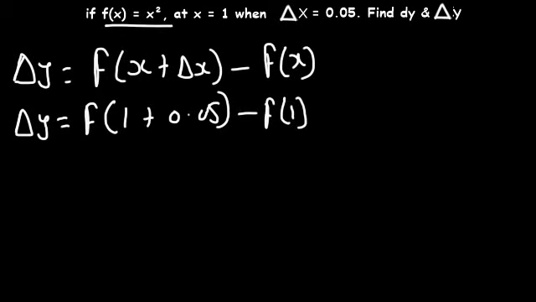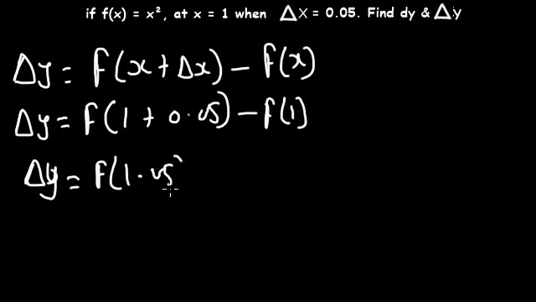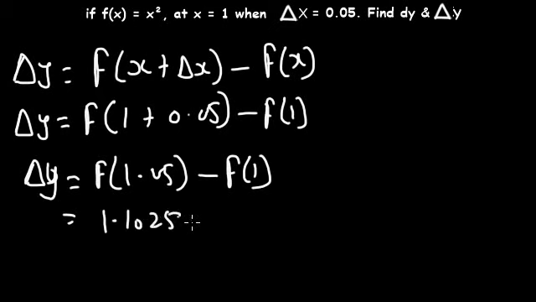Now since f of x is equal to x squared, delta y equals f of 1.05, as 1 plus 0.05 gives us 1.05, minus f of 1. Now for f of 1.05, we just need to square that, and that will give us 1.1025. Then minus f of 1, which is 1 squared, still 1. Subtracting, our final answer will be 0.1025, and this is delta y.